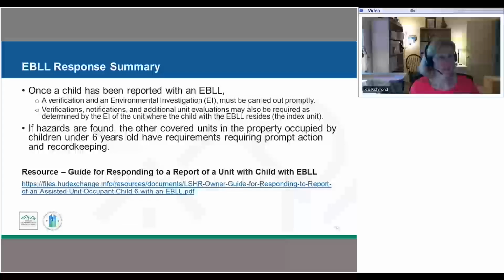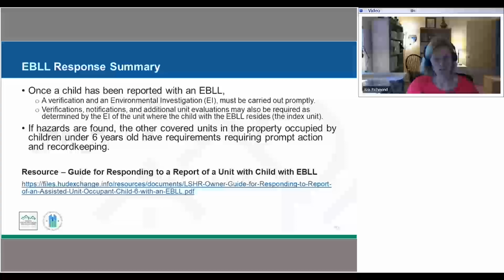And once a child's been reported with an EBLL, there are a number of required steps that need to be followed. So you have to get verification, an environmental investigation needs to happen. An environmental investigation is a risk assessment with a number of additional requirements. So it would include a family interview.